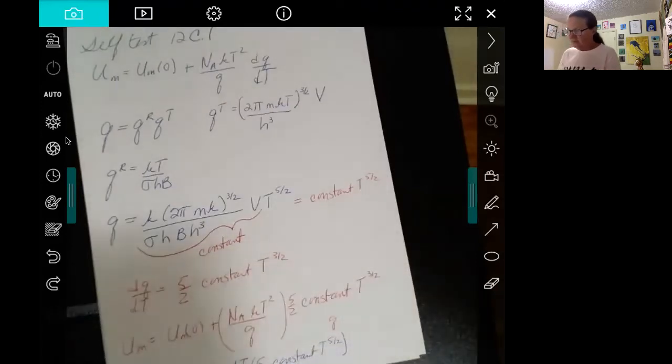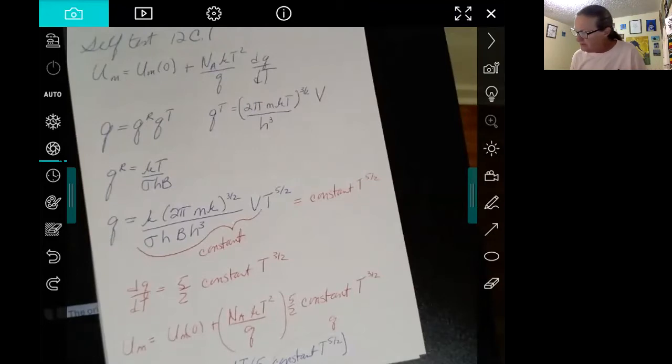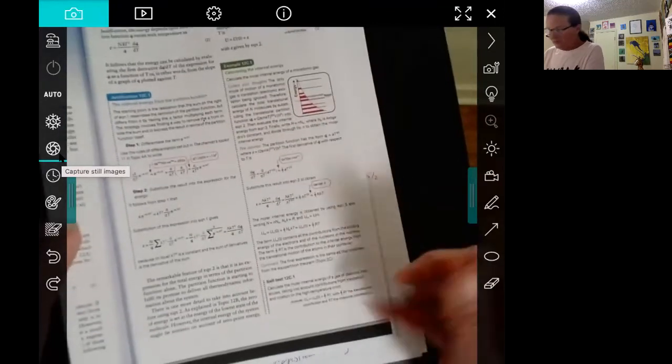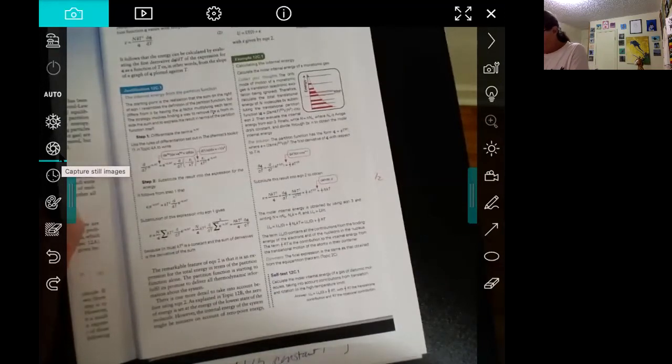And so if we look at using this in the self-test, C.1, it asks us to calculate the molar internal energy of a gas of diatomic molecules, taking into account contributions from translation and rotation.